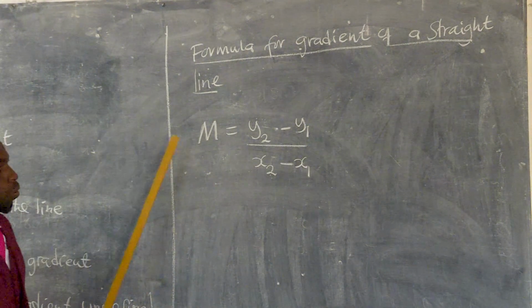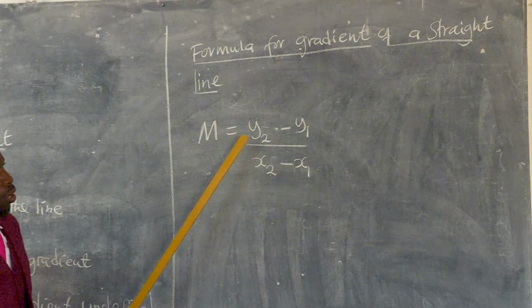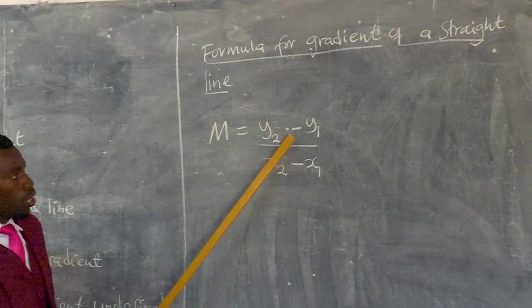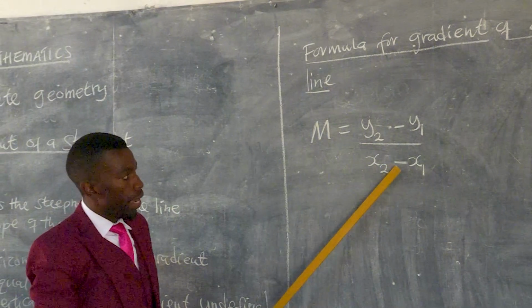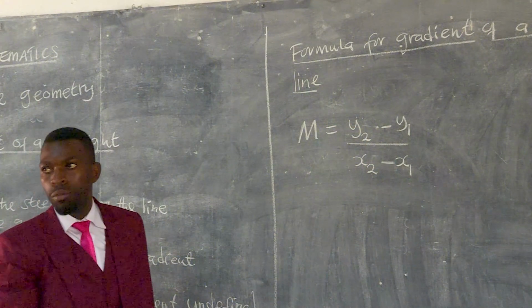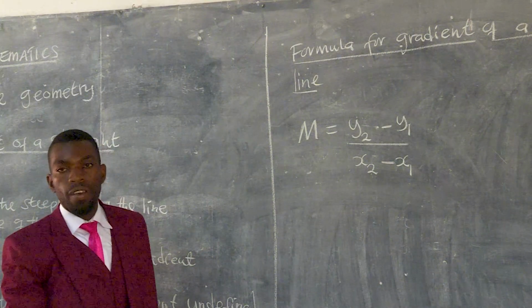So the M will stand for gradient. So gradient is being calculated by, you should have the value of y2 minus y1 over x2 minus x1. So once we have these values, it means we can proceed to calculations of gradient.